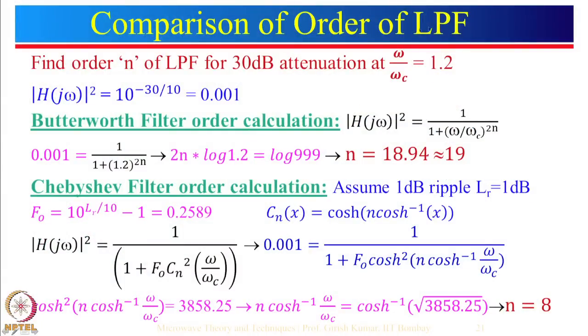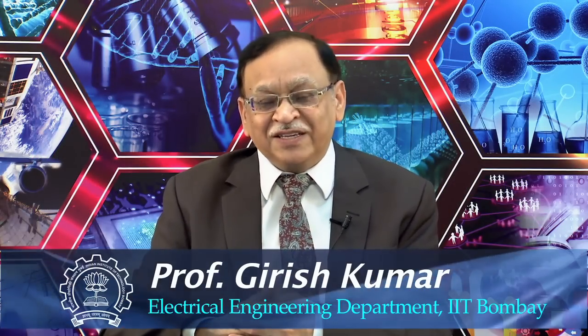Then we looked at the Chebyshev filter, and for Chebyshev filter we saw that finding G parameters require more steps, but however Chebyshev filter has an advantage that for this particular specification given here, you would require only 8 elements compared to 19 elements. So, in the next lecture we will see what is the response, how the two responses compare with each other.